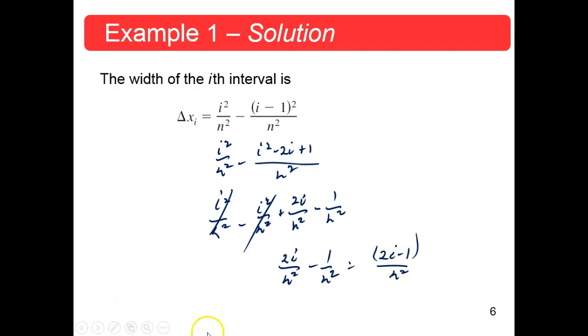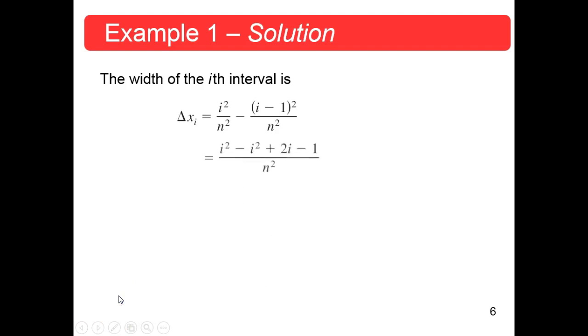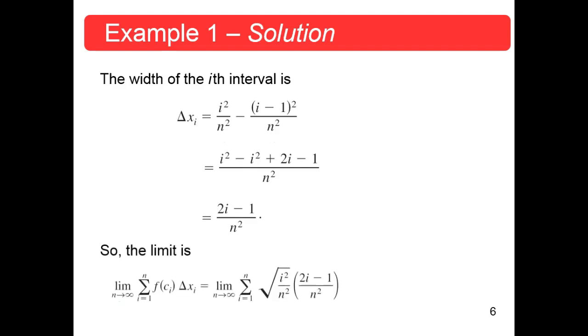Got it? Okay. So I'm going to erase my chicken scratch there and see what they wound up with. Yeah, 2i minus 1 over n squared. So the limit is f of c_i, and you can pick any value you want there, and they said let's choose c_i being i squared over n squared.